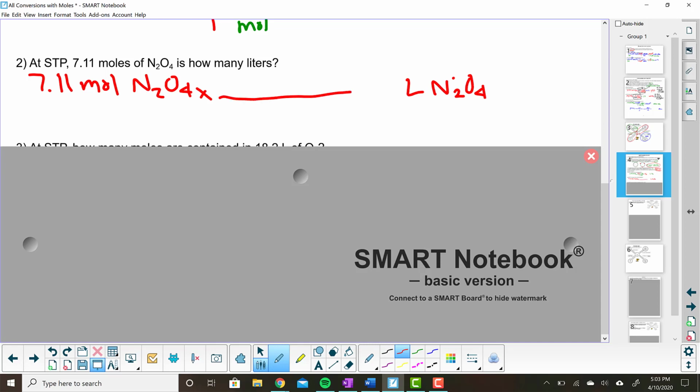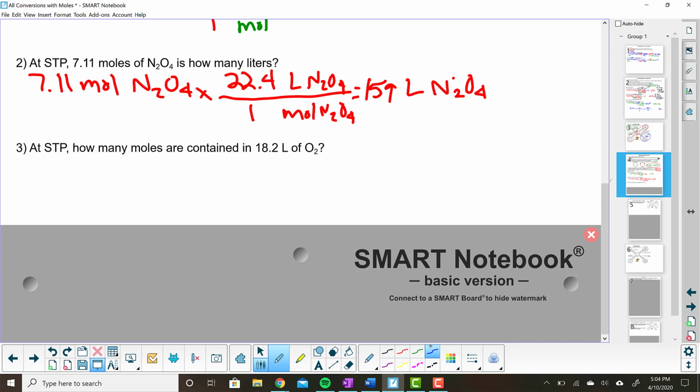So when I set up my conversion, moles goes on the bottom, liters goes on the top, and then I need to plug in my conversion factor. Now, in this example, liters is on the top again, so I've got the 22.4 that goes with the liters, and that's over 1 mole. So to solve, again, I'm just multiplying, giving liters of N2O4.